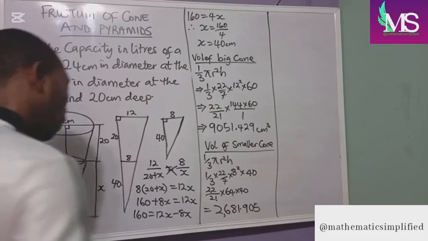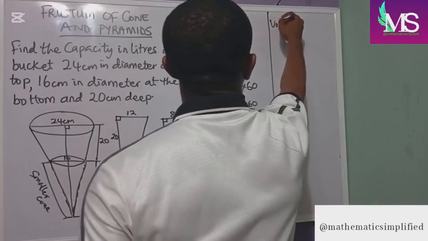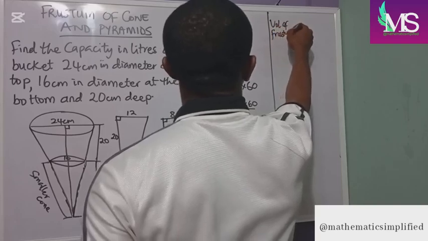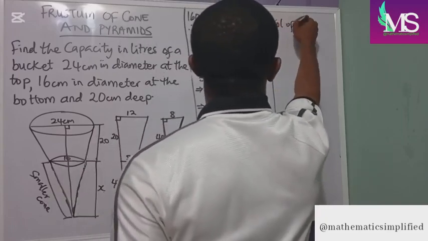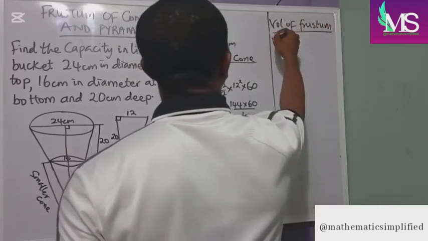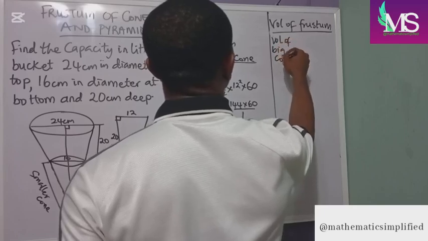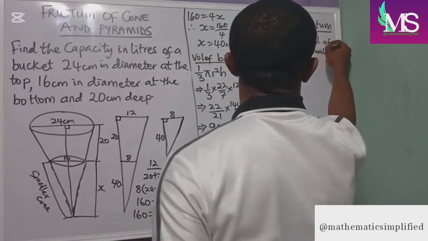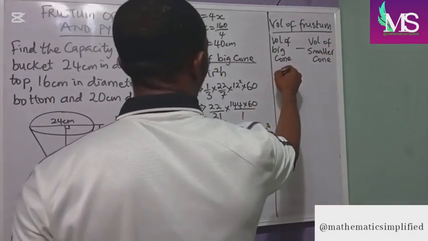Okay, now at this point, we are now going to do volume of frustrum, which will become volume of big cone minus volume of smaller cone.